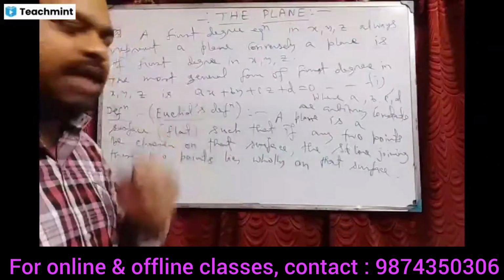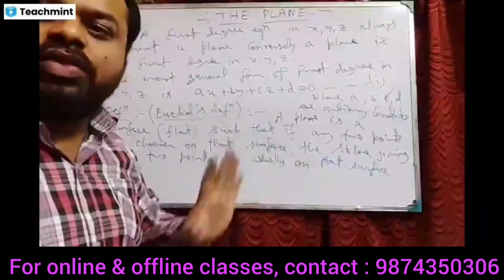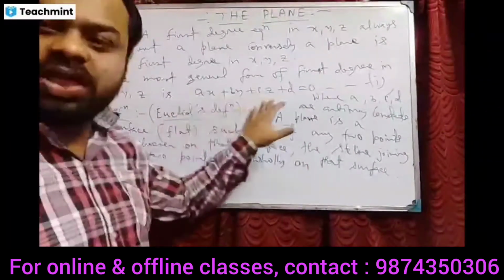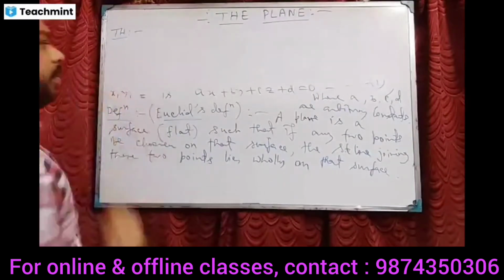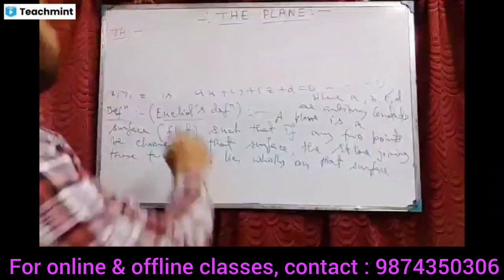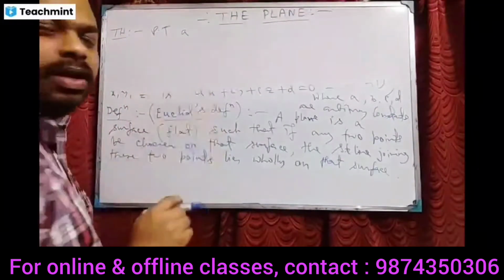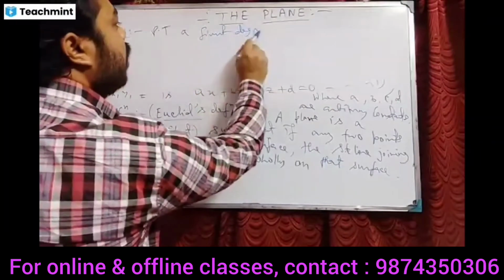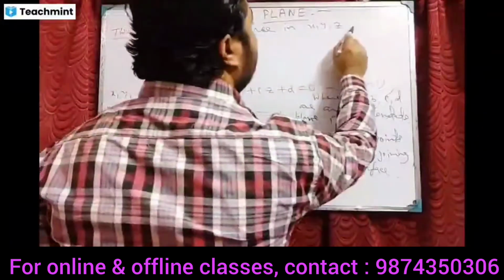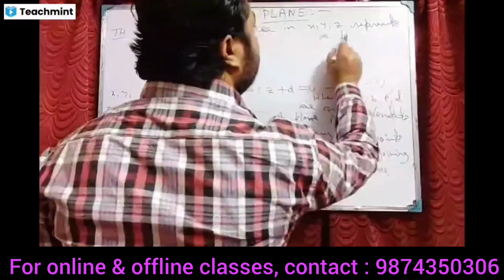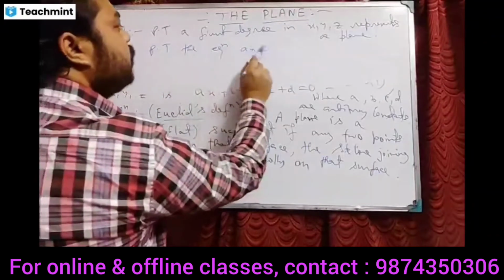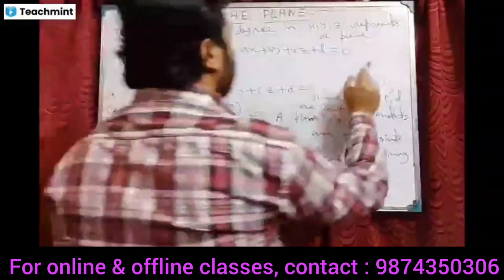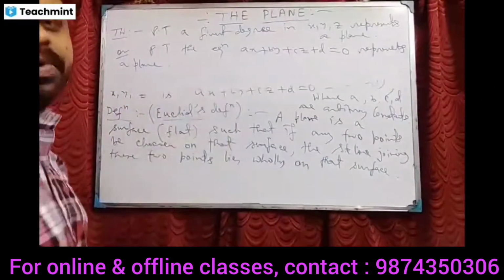So now we prove that this equation 1 is the equation of plane. এখানে first of all এই যে থিওরামটা দেখবে, prove that this equation represents a plane, অথবা বলছে prove that a first degree equation in XYZ represents a plane. এটা এক্সামে দিতে পারে, or prove that the equation ax plus by plus cz plus d equals to 0 represents a plane where a, b, c, d are arbitrary constants.